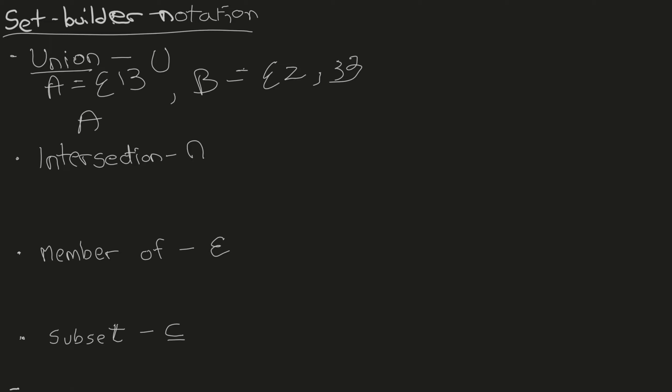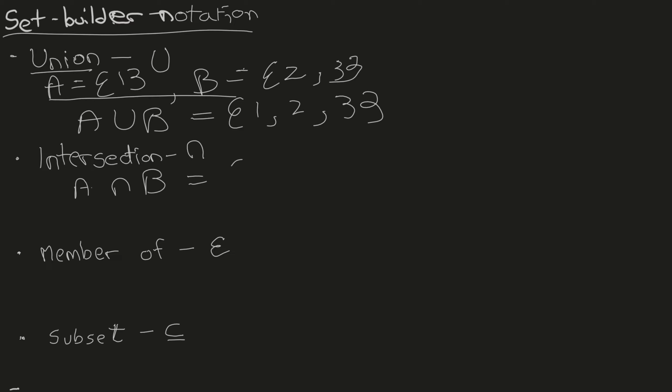Then A union B will be 1, 2, and 3. The next one we'll look at is intersection, which looks for the common elements in both sets. In our case, A intersection B will be the null set or the empty set because there are no common elements which are both in A and B.